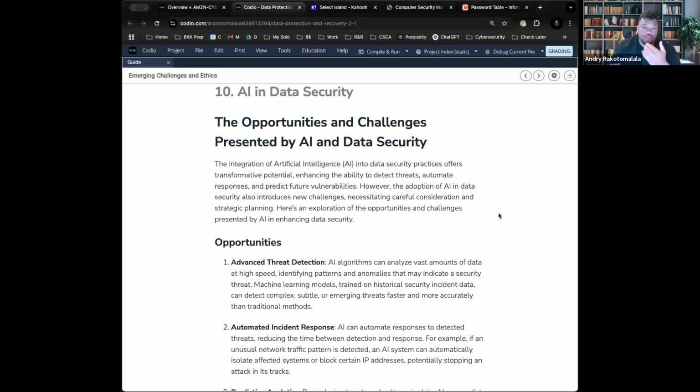Therefore, we need to be controlled, contained, or exterminated, right? That is a very real thing. That's been referenced since the early 90s when you watch The Matrix. So AI in cybersecurity is being explored, but there are some areas where it can help us.